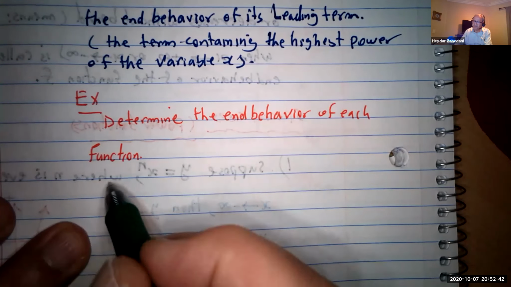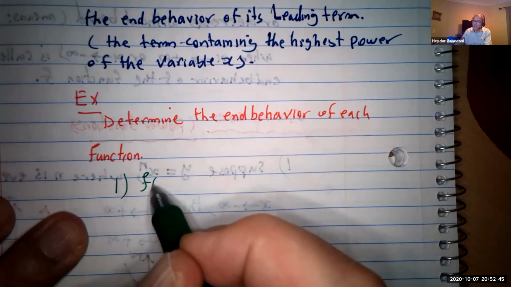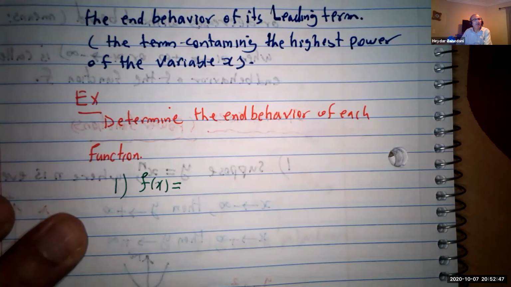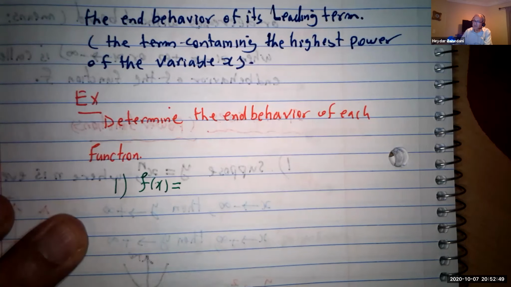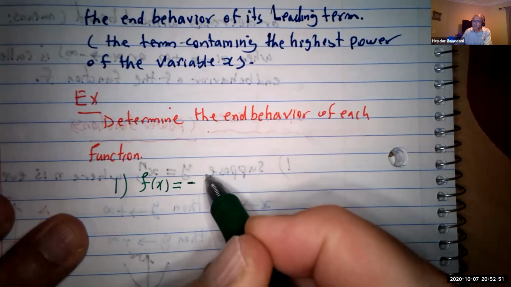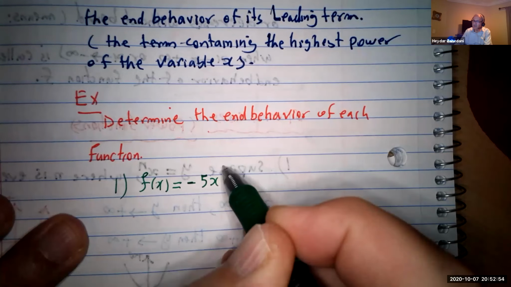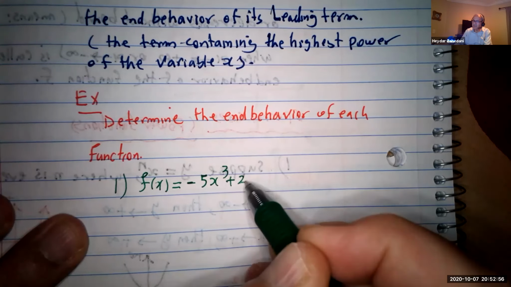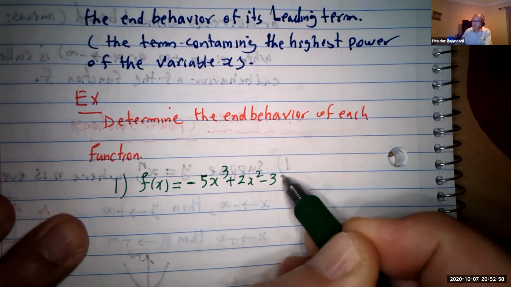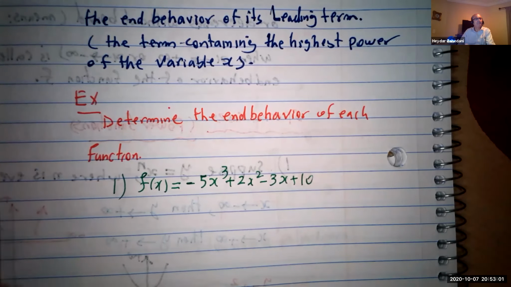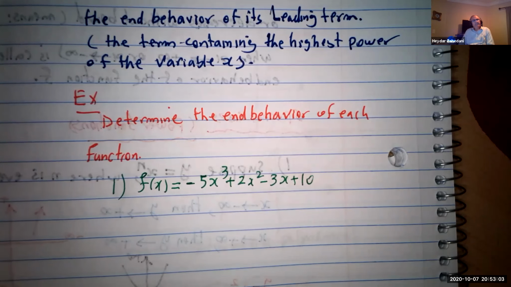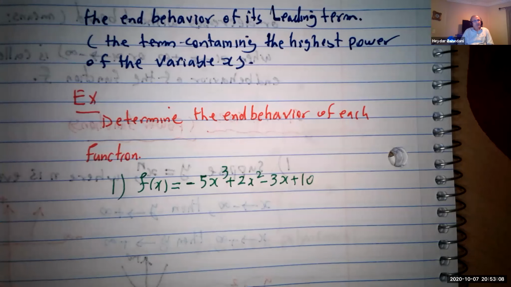First one: f of x equals negative 5x cubed plus 2x squared minus 3x plus 10. We want to know what would happen when x goes to negative infinity or x goes to positive infinity. So how are we going to do it?